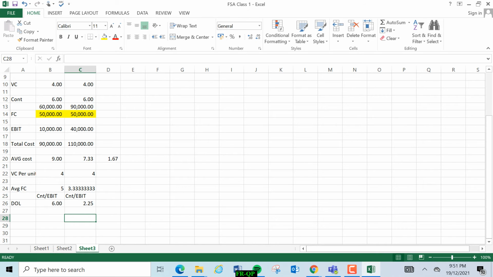This is the formula. Operating leverage is also the percentage change in EBIT divided by the percentage change in turnover. This is another formula also, but this is the basic formula.